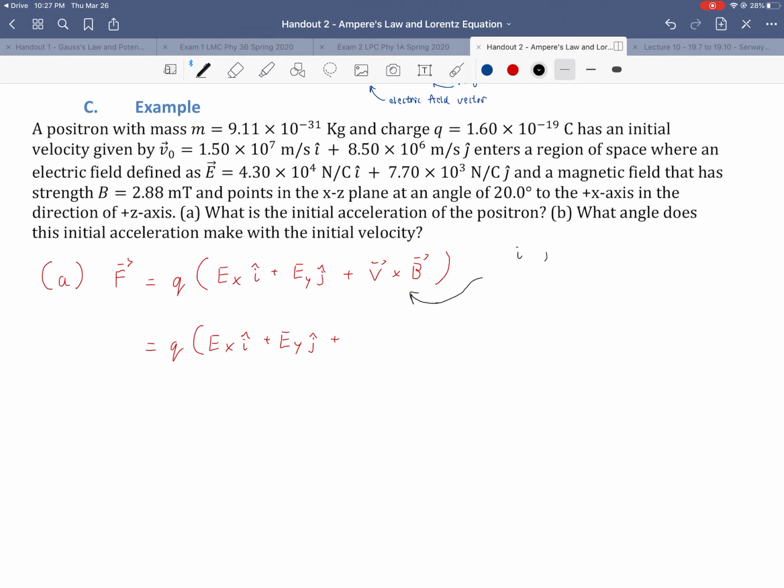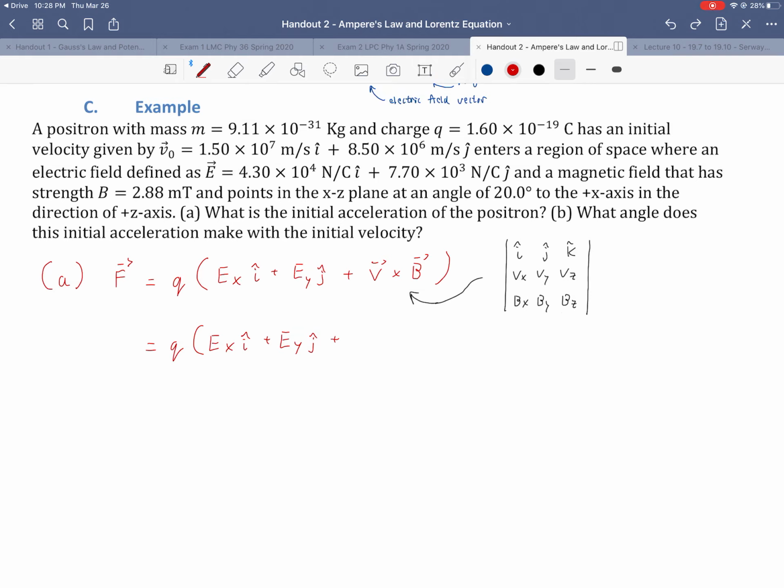If you think about how to track the cross product, it's useful to draw what's called a 3x3 determinant, but it's really just a tool for working it out. And so here we have Vx, Vy, Vz, and here we'd have Bx, By, and Bz. And this way you can go through and remember how to do it. So the first term of the cross product is going to be Vy times Bz minus Vz times By.